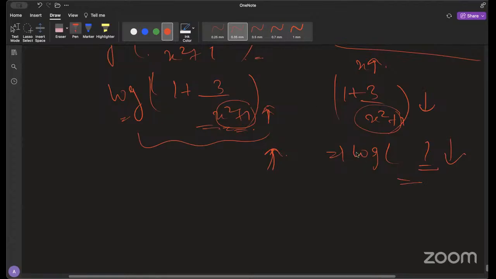No, ma'am. Can I ask a question? Yes. Ma'am, here if x square plus 1 is increasing, then 3 by x square plus 1 completely, for value x, decreases. There are some conditions on it.